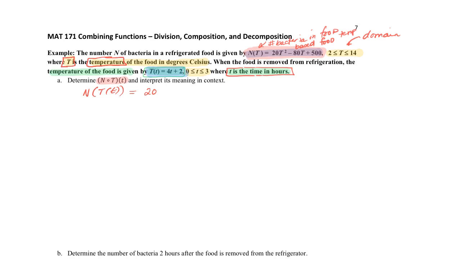My T of t formula is this one in black. So it'll be 20 times (4t plus 2) squared, minus 80 times capital T, again we're going to do that replacement, which is (4t plus 2), plus 500.